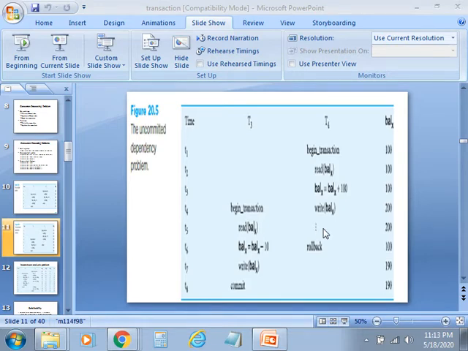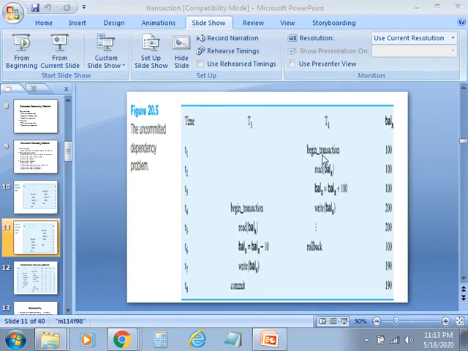The transaction fails due to some reason, so the rollback command is used here to go to the previous balance. That means it should be restored to its original value of 100 rupees.